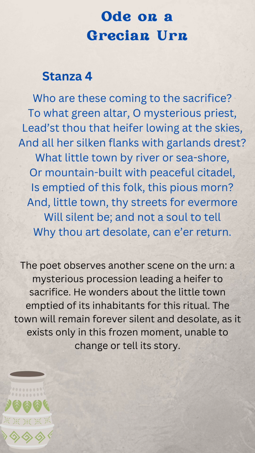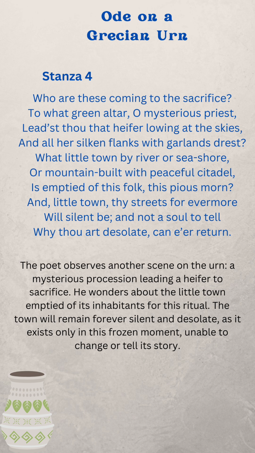So Keats imagines their little town, the town of the villagers, empty of all its citizens, and he addresses the little town, and he tells it that its streets will forevermore be silent, because those who left the town frozen on the urn will never return.